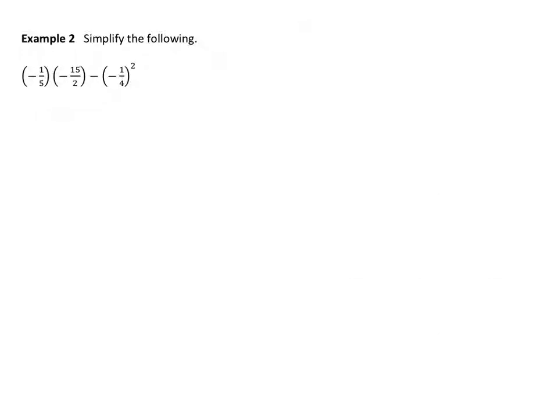Okay, we have negative 1/5 times negative 15 halves minus negative 1/4 squared. So in each set of parentheses, there's only one term. They all happen to be negative, but that means I'm going to deal with this exponent first, negative 1/4 squared. Maybe I'll do a little bit of work off to the side since this one is kind of complicated.